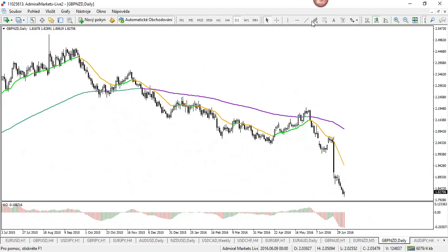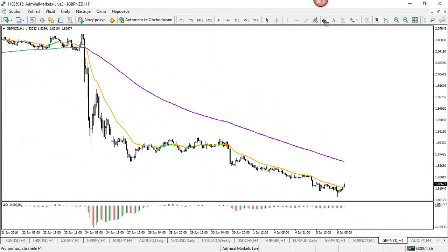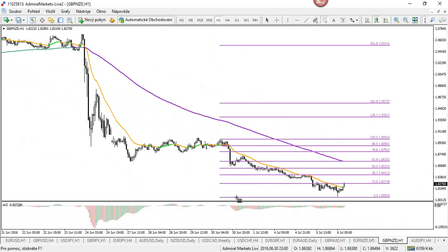So if we zoom into lower time frames, all right. Yeah, maybe retracement to the 38, 50, or 61.8 fib.